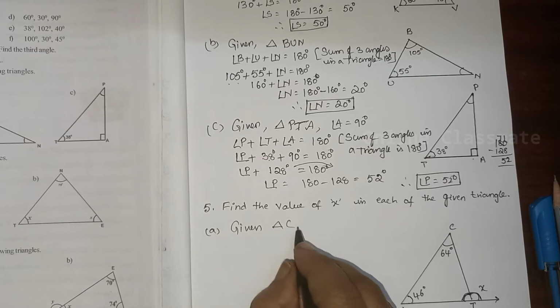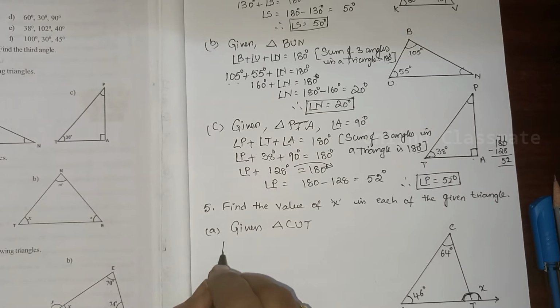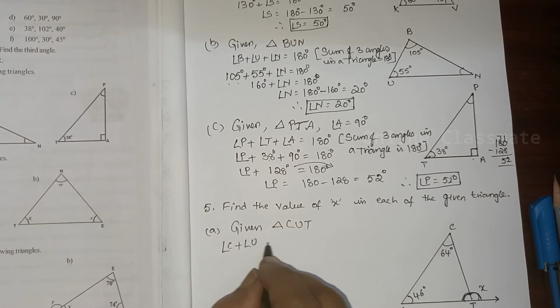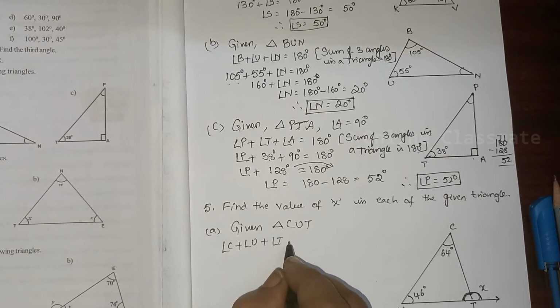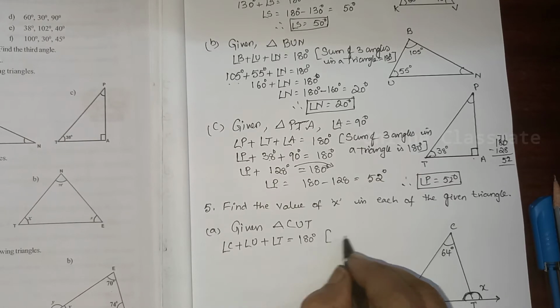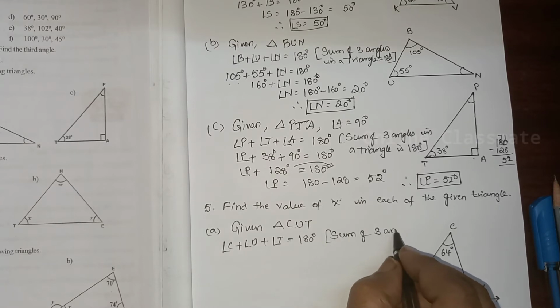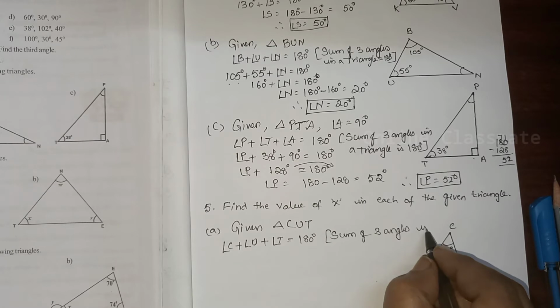Given triangle CUT, angle C plus angle U plus angle T is equal to 180 degrees. Sum of three angles in a triangle is 180 degrees.